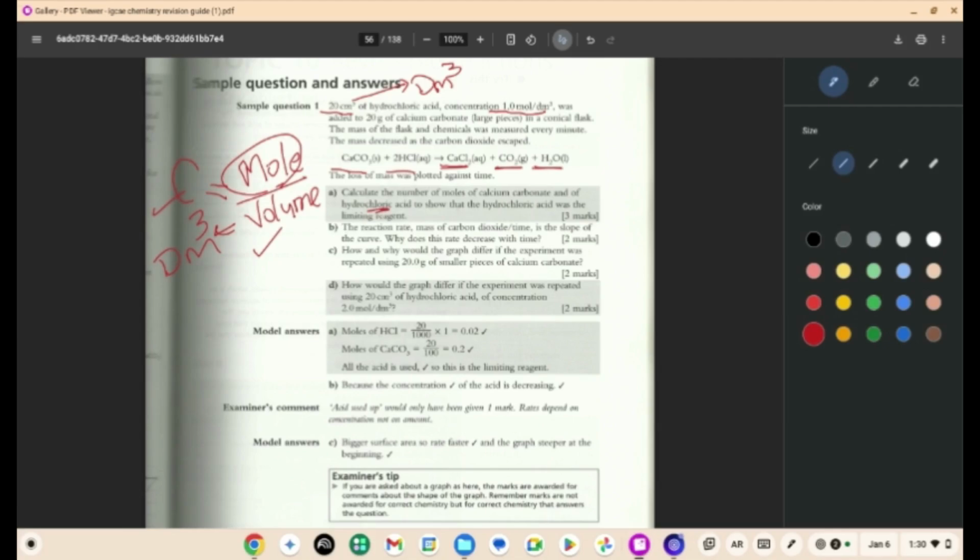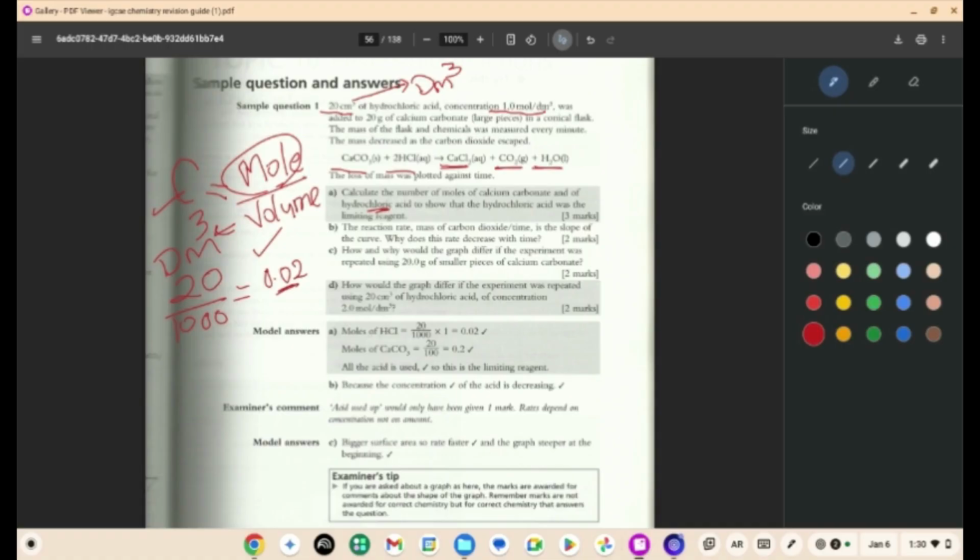To convert 20 cm³ into dm³, we divide by 1000. 20 divided by 1000 gives 0.02. This is the new volume.